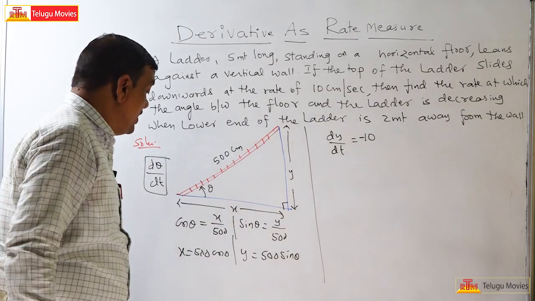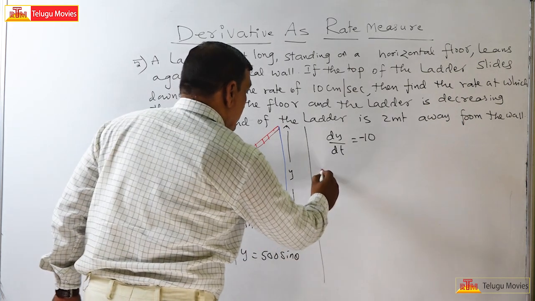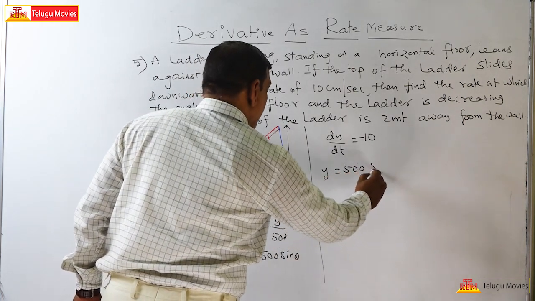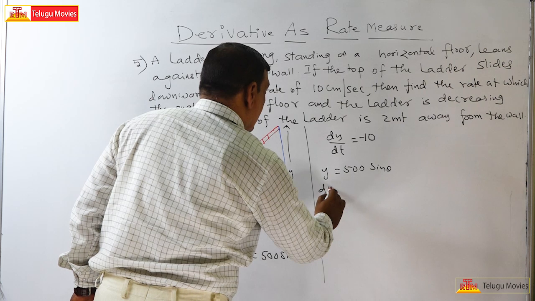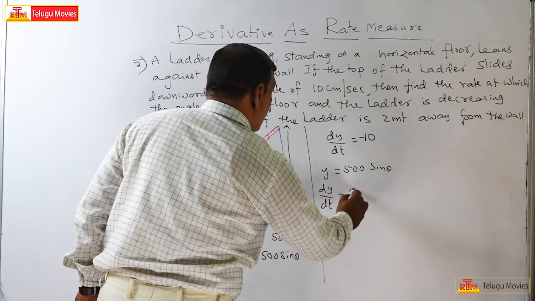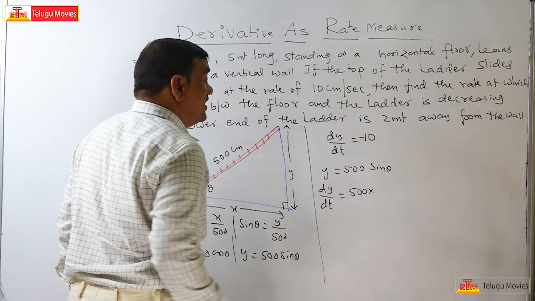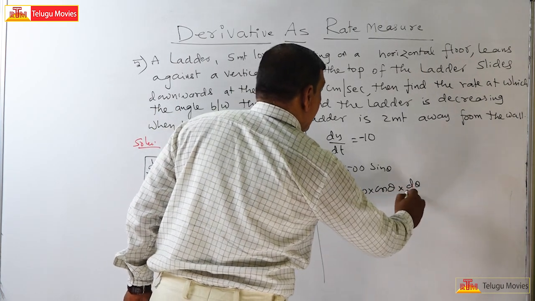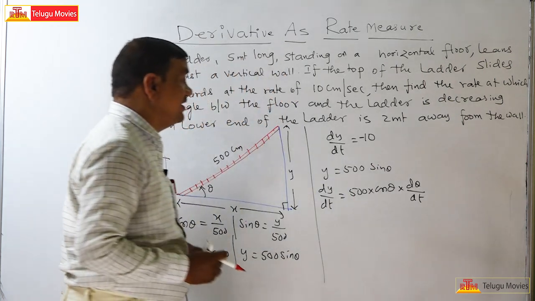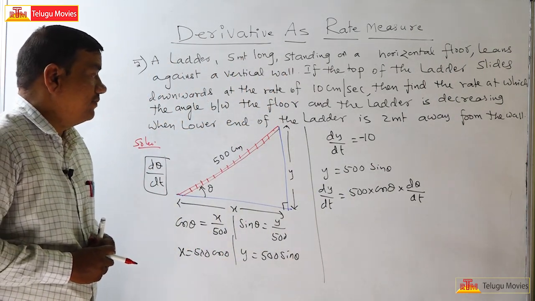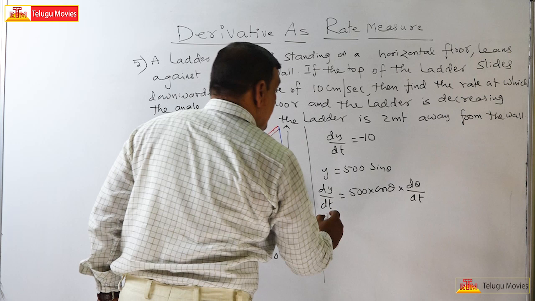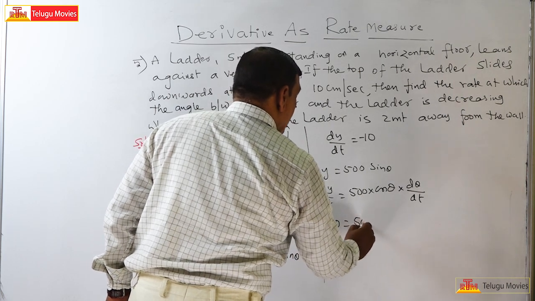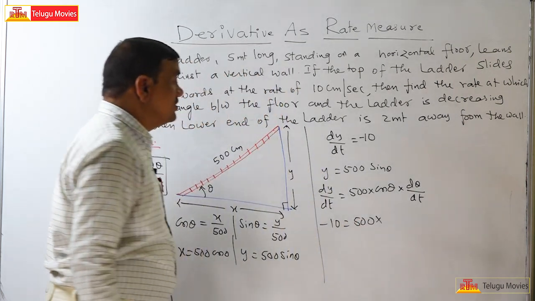Okay now, here where is y? Here y is equal to 500 sin theta. Therefore dy by dt is equal to 500 into derivative of sin theta, cos theta, into d theta by dt. Okay? Right. So dy by dt is minus 10, equal to 500 into cos theta.